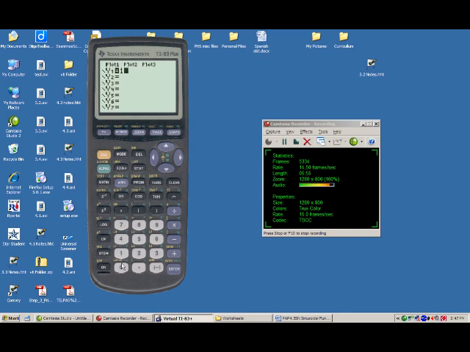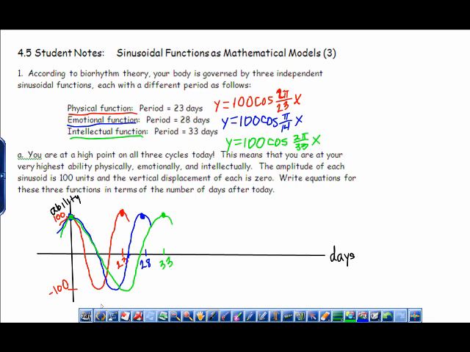Okay, so I have 100 cosine, and I'm going to still do the double parentheses. 2 pi divided by 28 x. I'm sorry, 23.